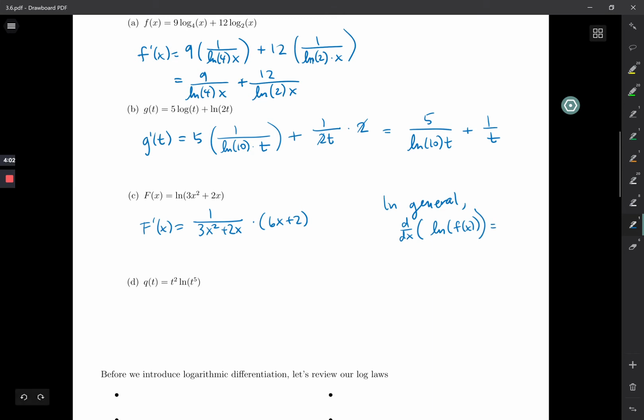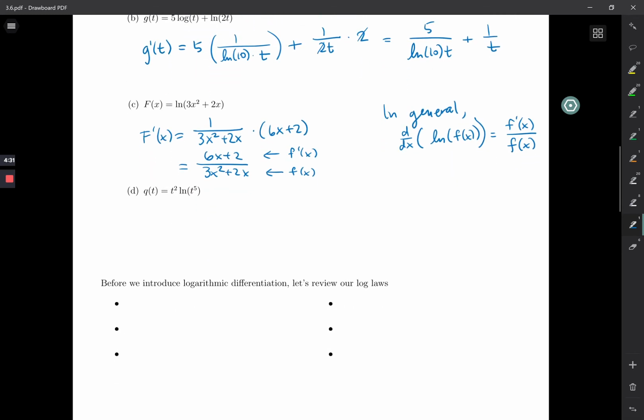We'll always get first 1 over f of x, and then we multiply it by f prime of x. So it's just f prime of x over f of x. And so see that I can rewrite this as 6x plus 2 over 3x squared plus 2x, and this is my f of x, and this is my f prime of x, right?